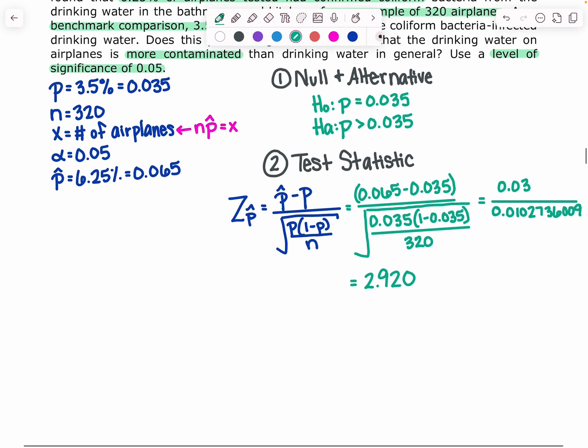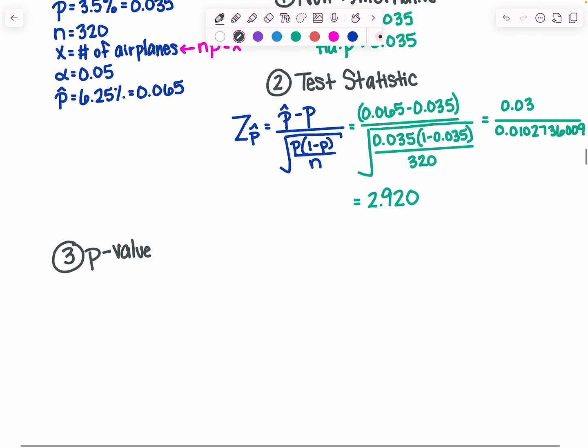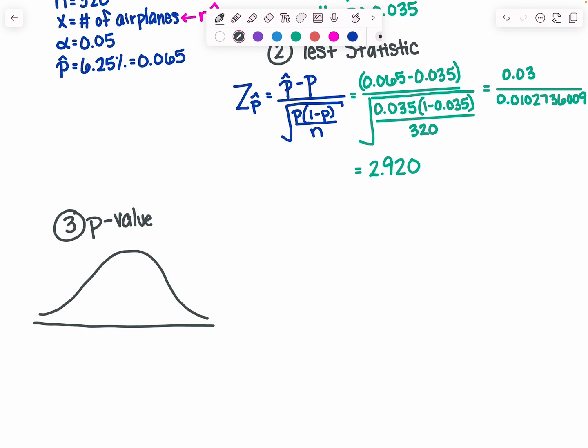This tells us how far away from the mean we are. And we're going to use that test statistic in step 3 to calculate our p-value, our probability value. So, optional step of drawing the curve now. And then 2.92 is kind of up here.